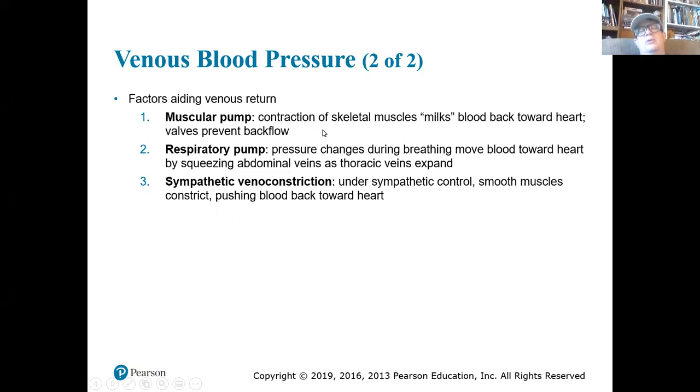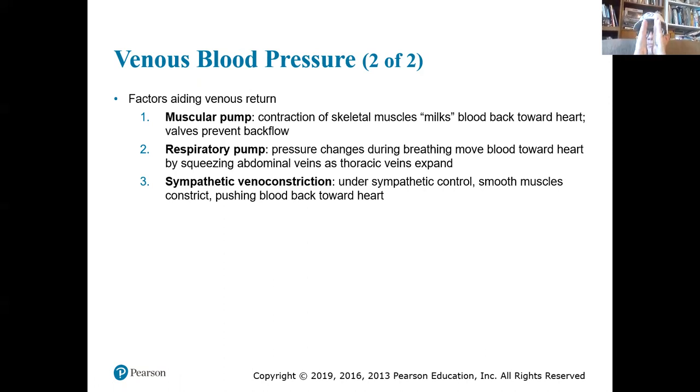Okay, what we're talking about, say we have a blood vessel running between two muscles. This muscle, when it contracts, gets shorter and thicker. This muscle, when it contracts, gets shorter and thicker. If both muscles get shorter and thicker, the blood vessel between them gets squeezed.